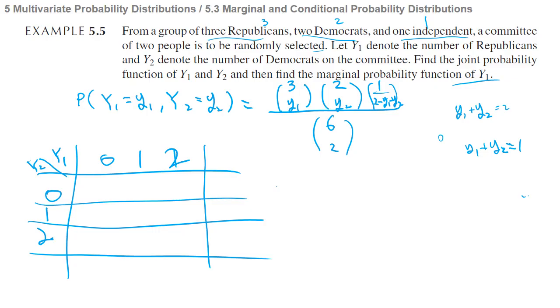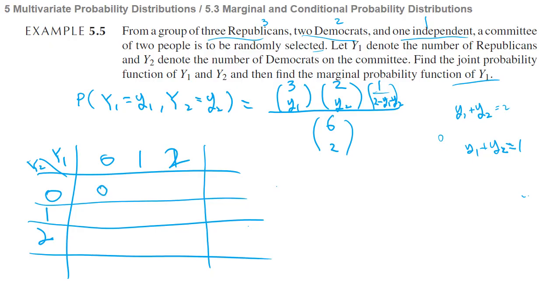For both y1 and y2 equal to 0, that's not possible because we cannot pick 2 from the Independent group, so this probability is 0.